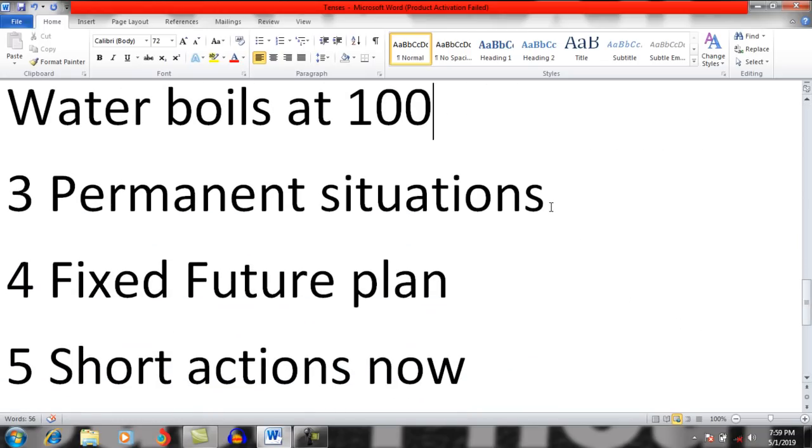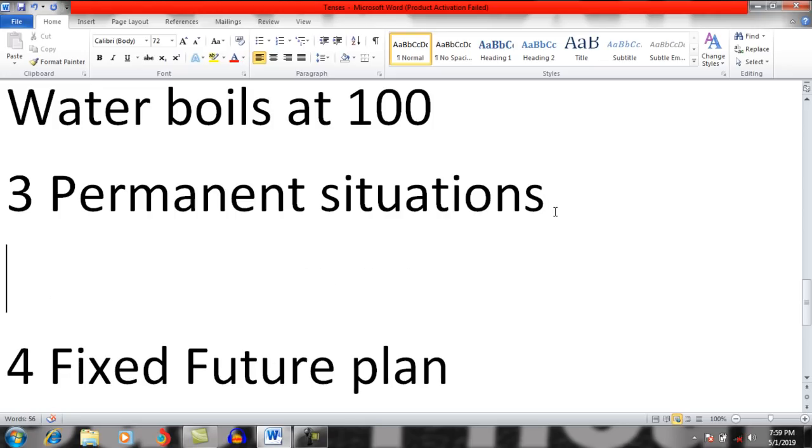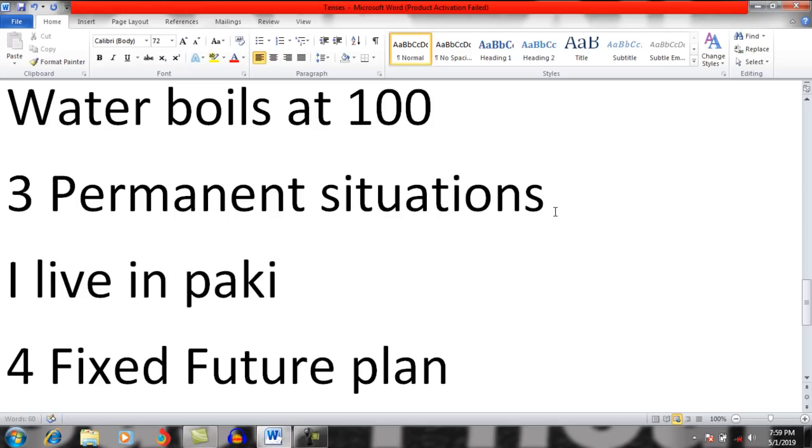The third usage of present simple is permanent situation. We use this for permanent situations. For example, I live in Pakistan. It means that whenever you do something in a permanent manner.